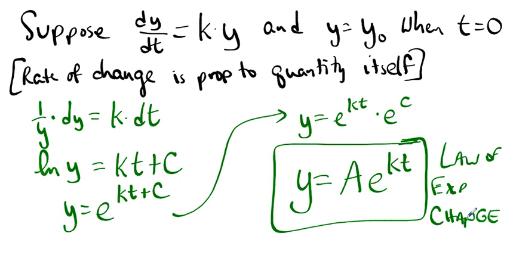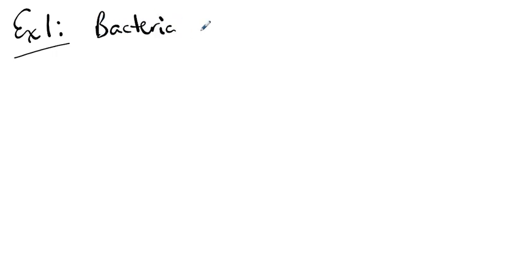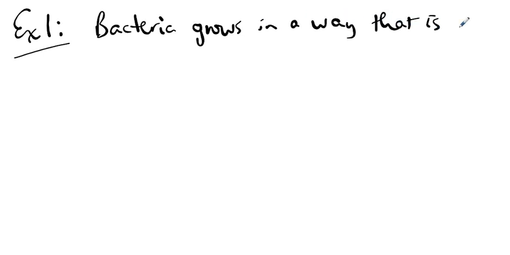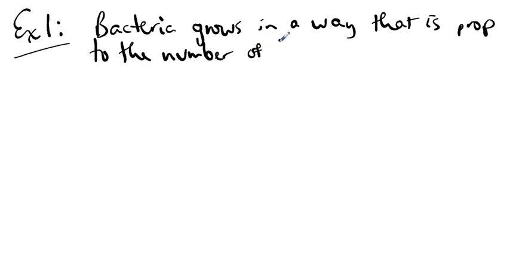Okay? So what? Well, let's pretend. We'll just pull out the little red trolley and pretend. Let's pretend that bacteria grows in a way that is proportional to the number of bacteria.